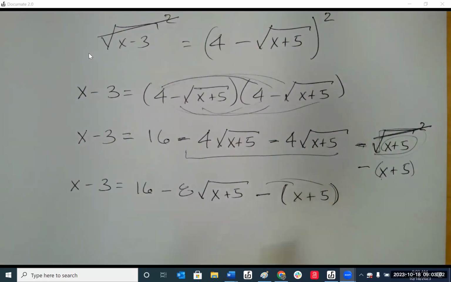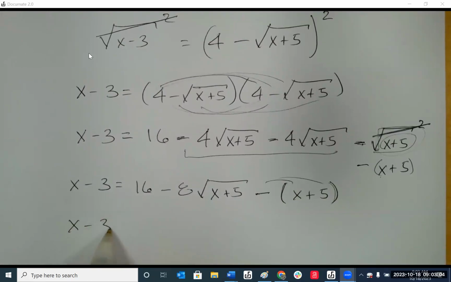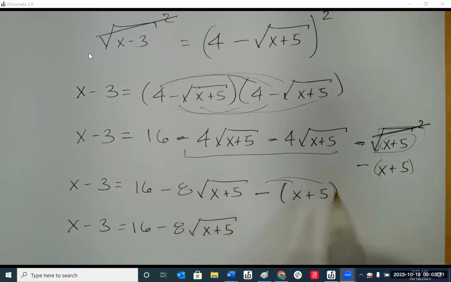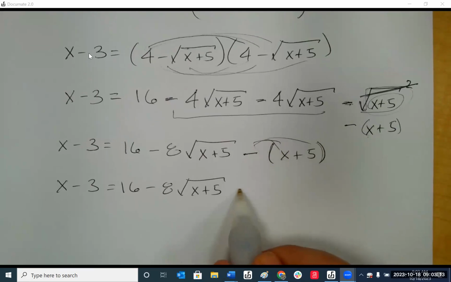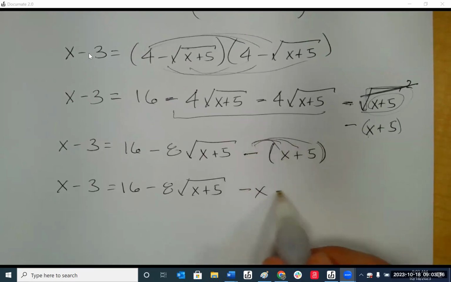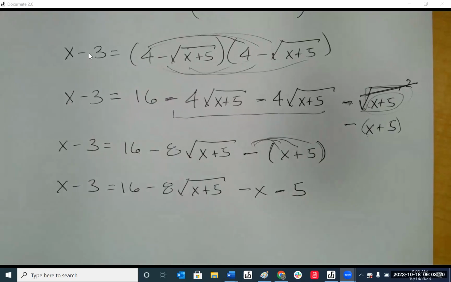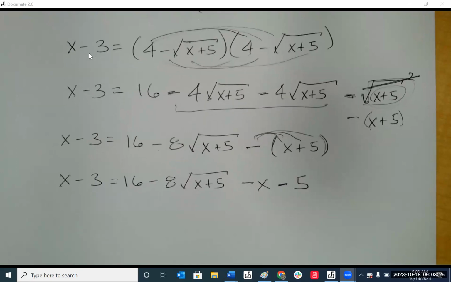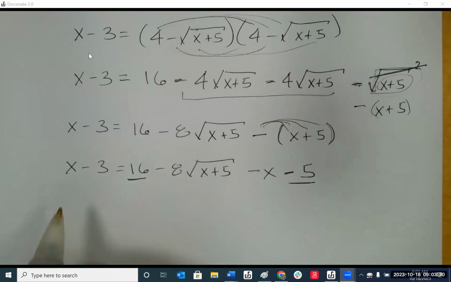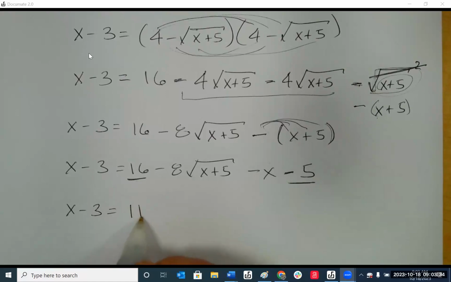So now we can distribute that negative. So it becomes a negative x and a negative positive, -5. Combine like terms, we have a 16 and a -5. So 16 minus 5 is 11.